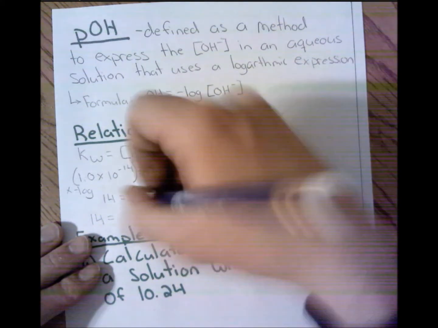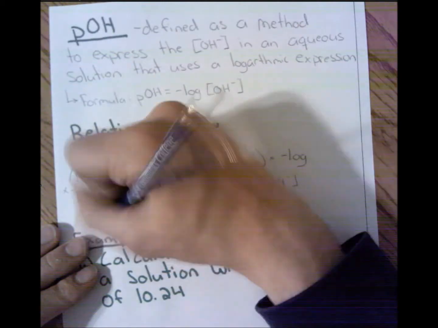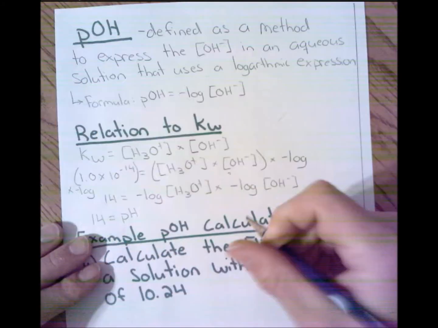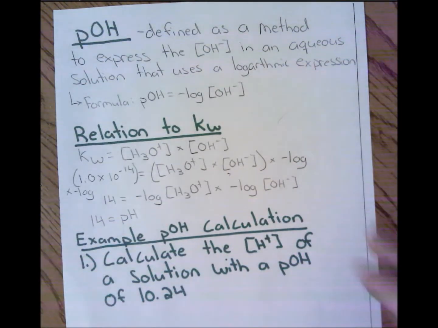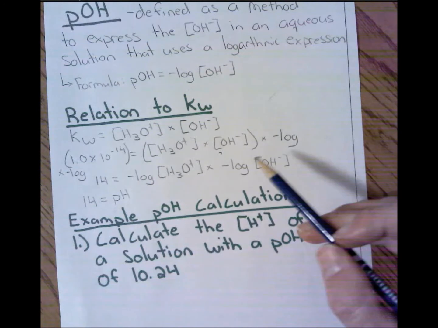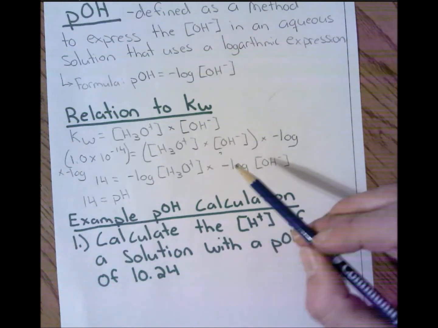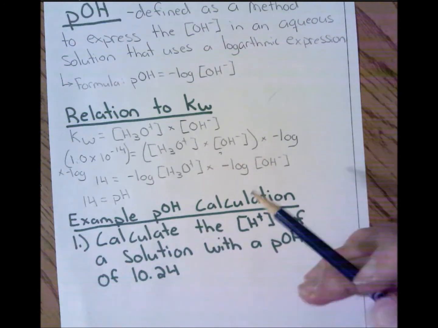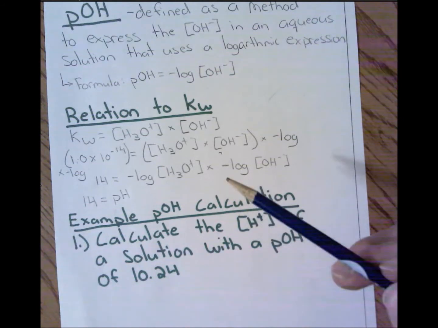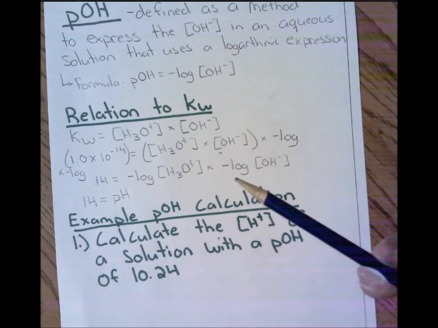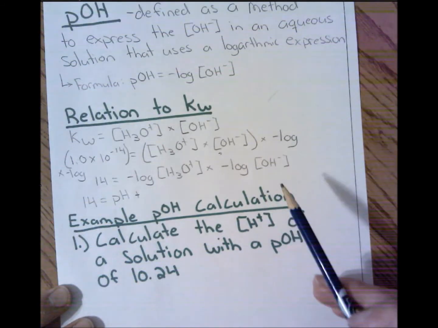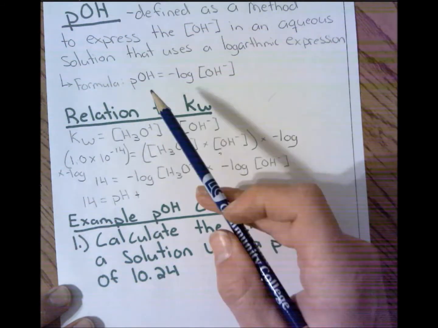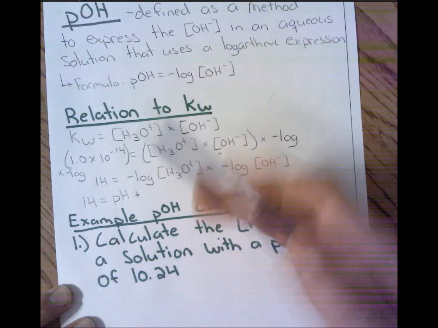So instead of putting negative log of H3O plus, I'm going to put pH, because those things can be interchangeable. They are substituted for each other if you're looking for a math term there. Now, this times a logarithm. I realize not everybody has a background in logarithms, but a log times a log is just another way that we can put a plus sign. So instead of putting negative log of OH minus, you can see up here, this means the same thing or set equal to the pOH.